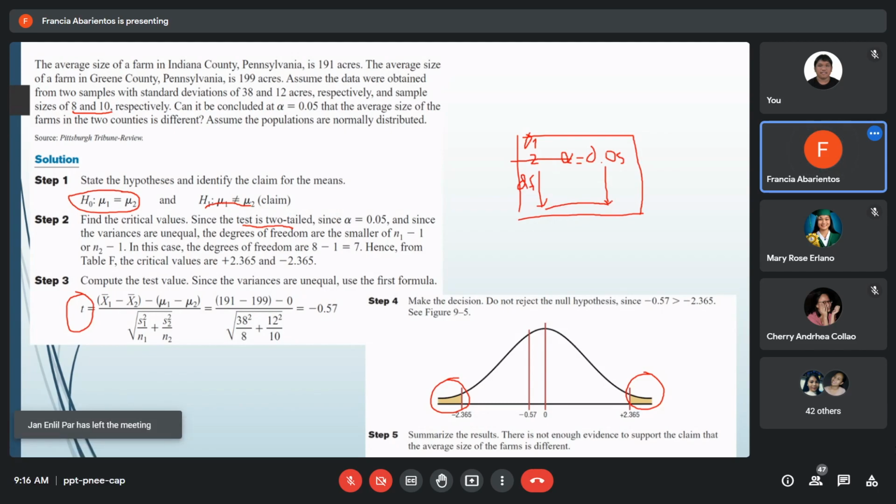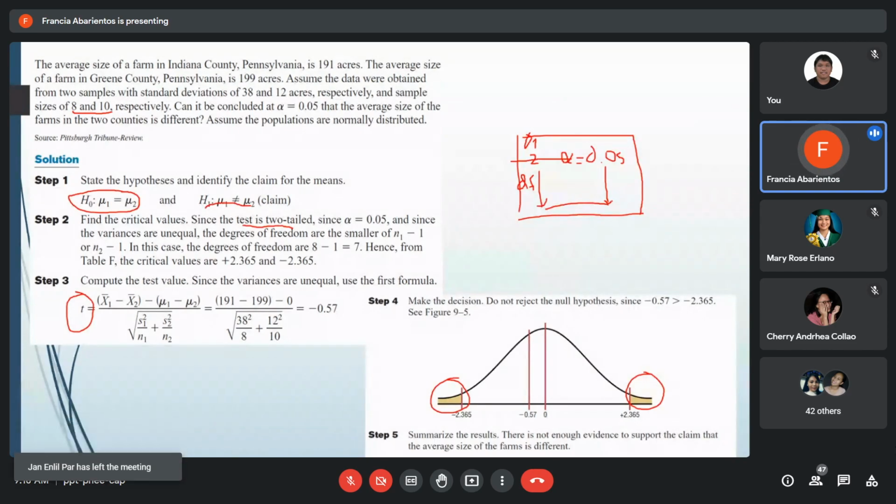Ayan, since the variances are unequal, the degree of freedom now are the smaller of n1 minus 1 or n2 minus 1. So in this case, the degree of freedom are 8 minus 1, which is 7.